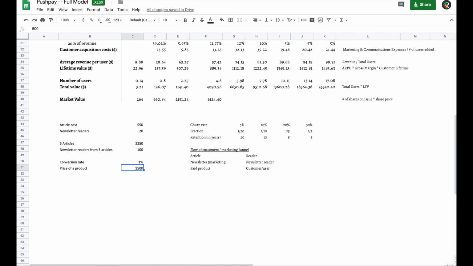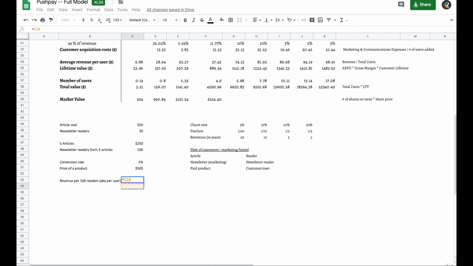We have the price of our product, which is $500. Okay, we're getting there. Now, what is the revenue that we would get per 100 readers, aka per customer, or per user? We'll keep the language simple. So what is the revenue that I would get from 100 readers, aka per user?